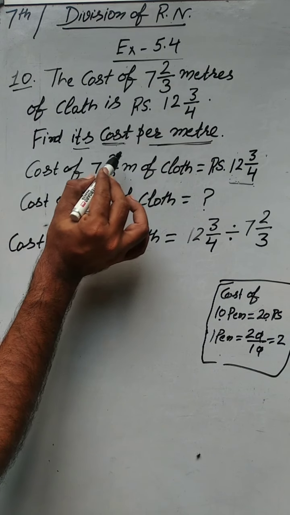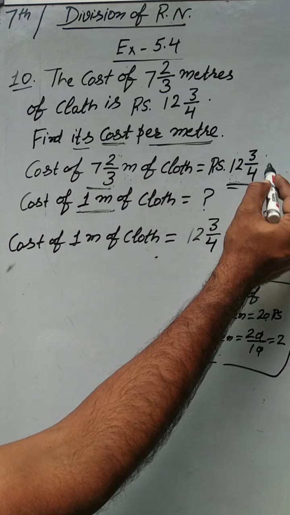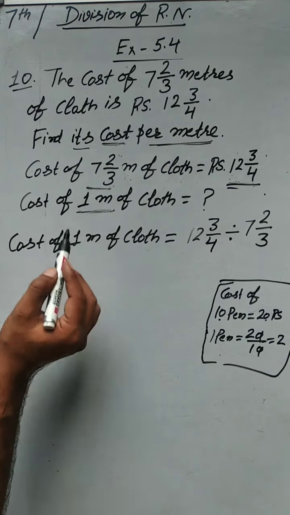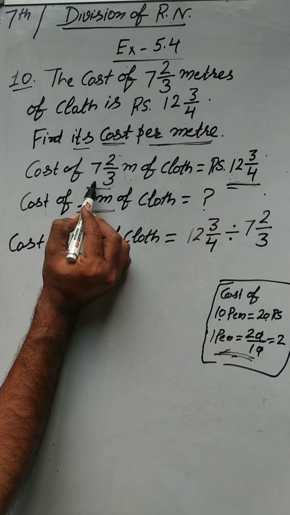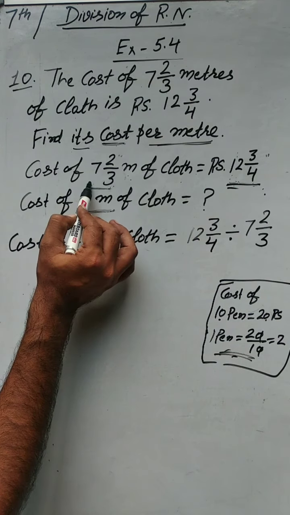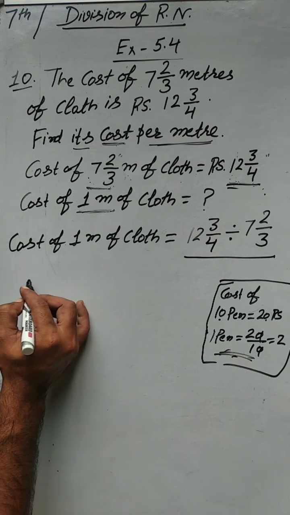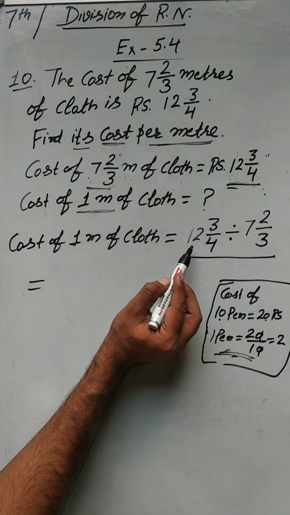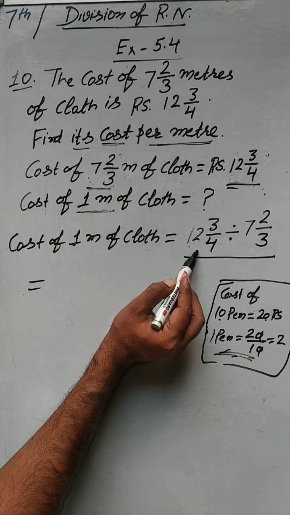Cost of 7 and 2/3 meter of cloth is 12 and 3/4. According to that example, unitary method, cost of 1 meter will be equal to 12 and 3/4 divided by 7 and 2/3. Understood, beta? Now both are mixed fractions. You know very well how to convert a mixed fraction into an improper one.